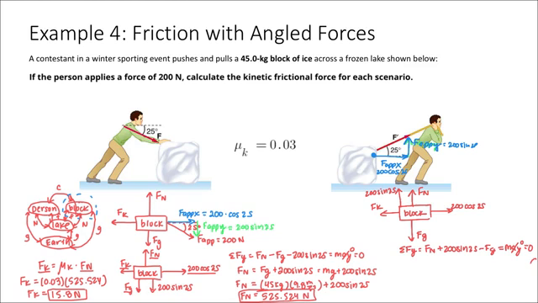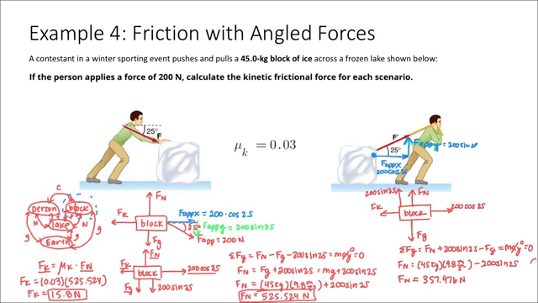So in this case, the normal force plus that y component, they're both positive, they're both pointing up, minus Fg would be equal to may, but ay is 0, so that's just equal to 0. So then when I solve for my normal force this time, I'll get a value like this, 356.476 newtons.